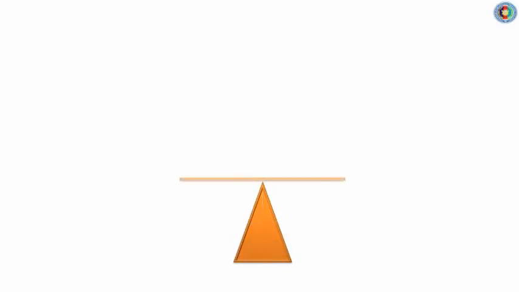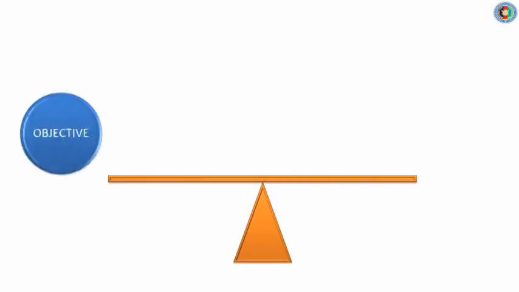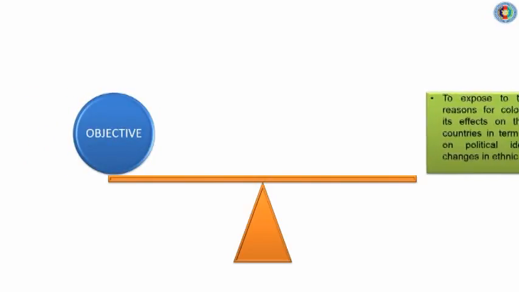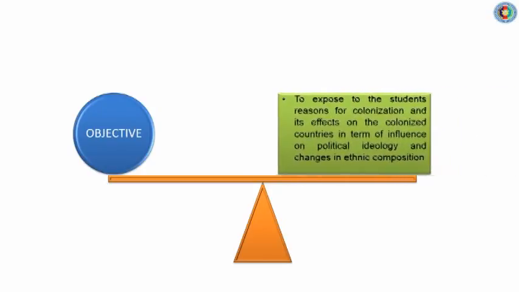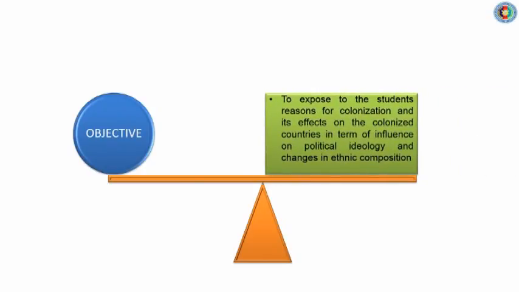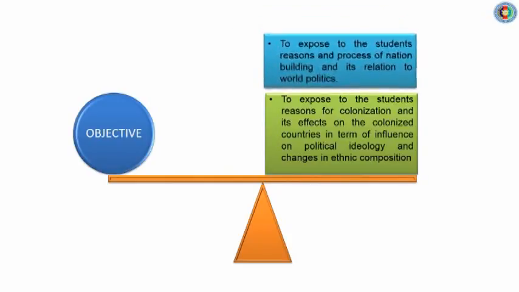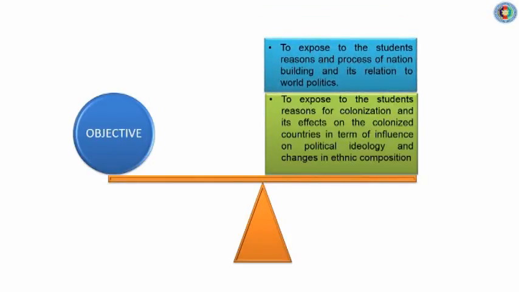First objective is to expose to students reasons for colonization and its effect on the colonized countries in terms of influence on political ideology and changes in ethnic compositions. And the second objective, to expose to students a reason and process of nation building and its relations to world politics.